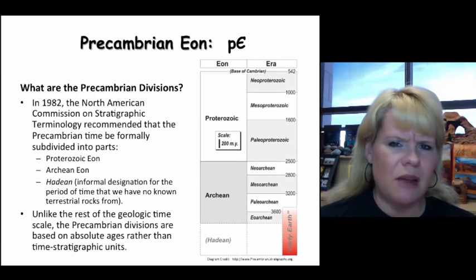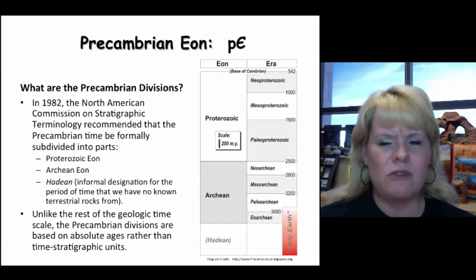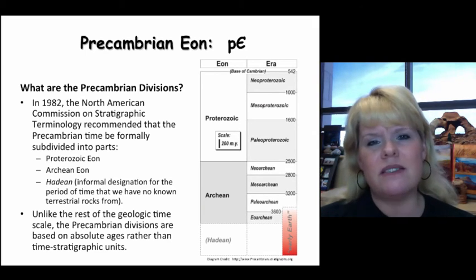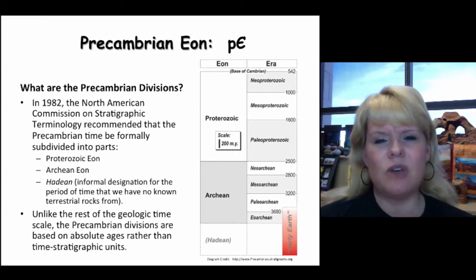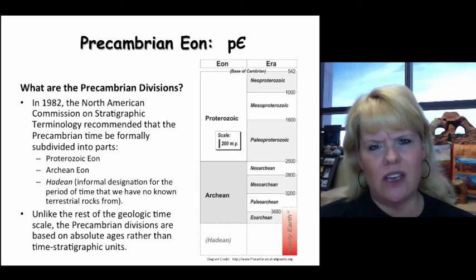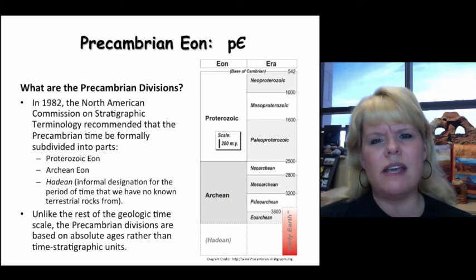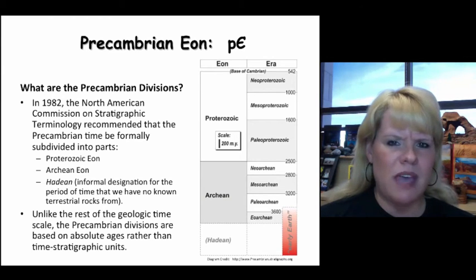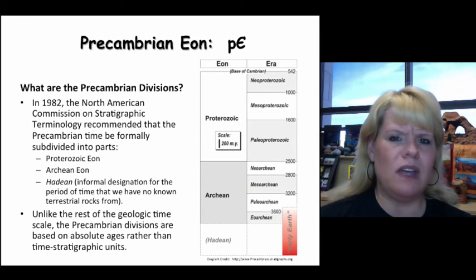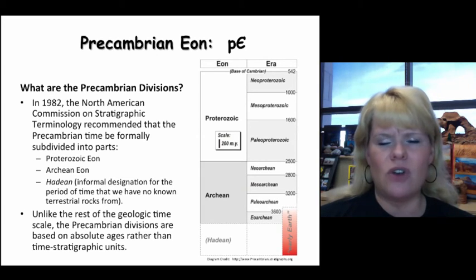So the rest of the time scale, starting in the Phanerozoic, is based on both absolute and relative dating, unlike the Precambrian, which is solely based on absolute dating. So we're using isotopic dating techniques such as potassium-argon and uranium to help us come up with absolute ages for the start and finish times of when these events occurred.